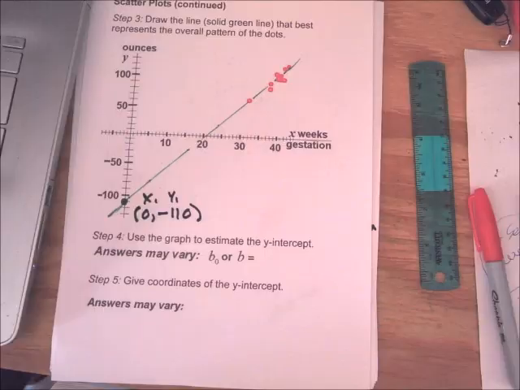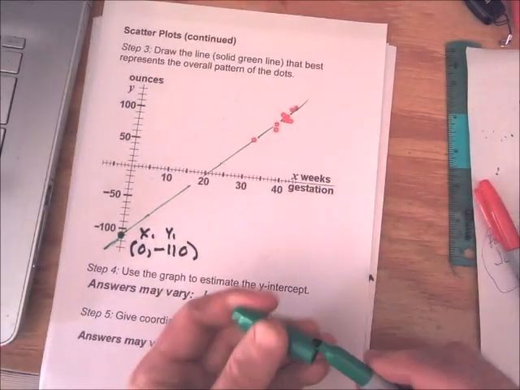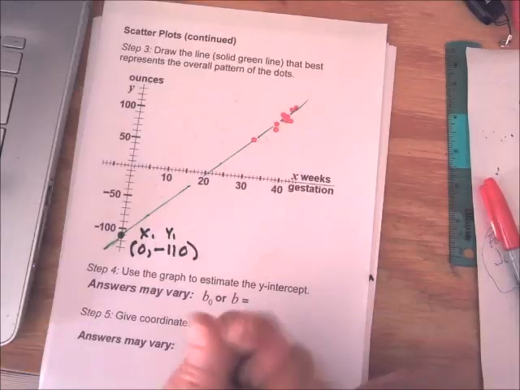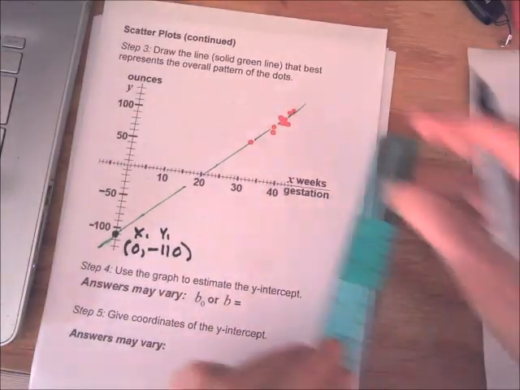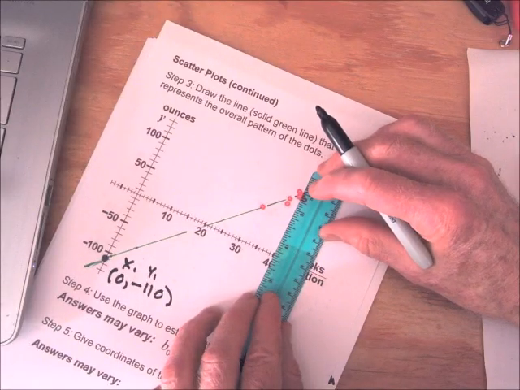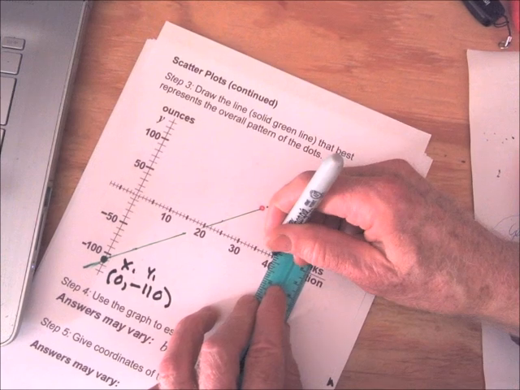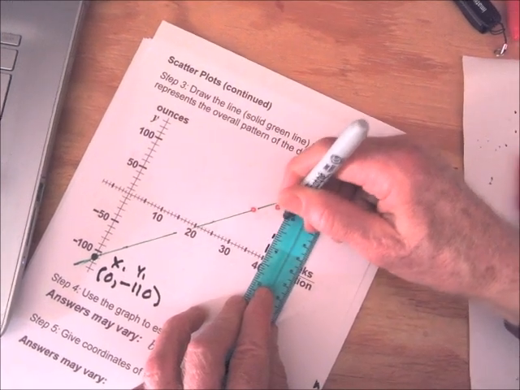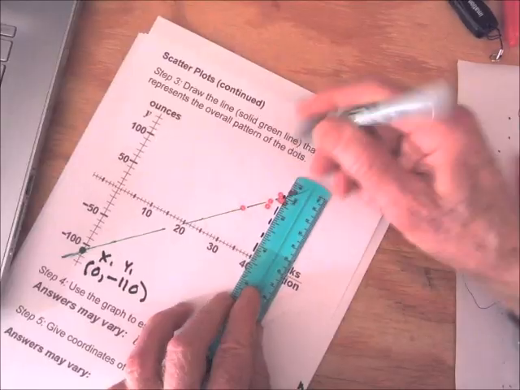So I like to pick points that are a little bit spread out, and something that's easy to divide by. I think 40 is easy to divide by. So let's go up and see what happens when x is 40. Go up to see where it hits the line. Looks like it's right about here.